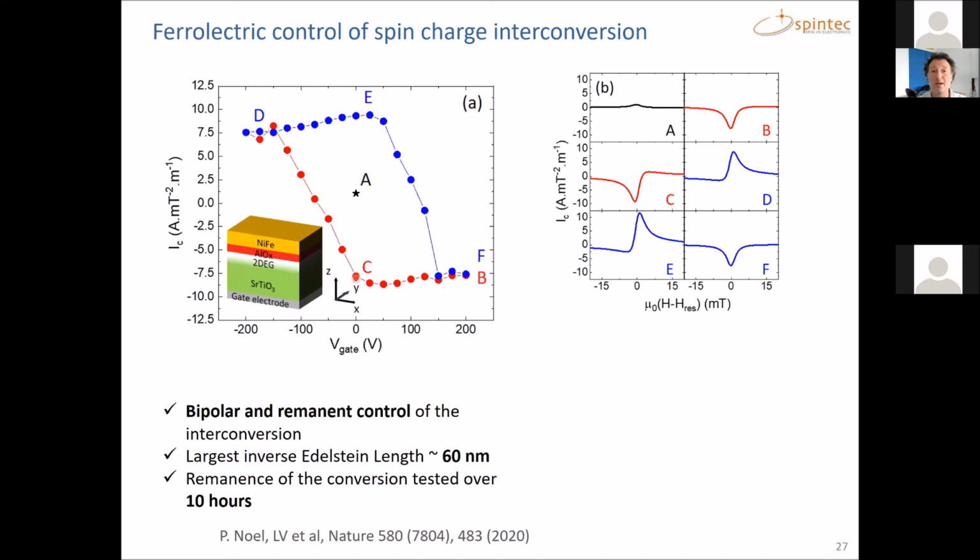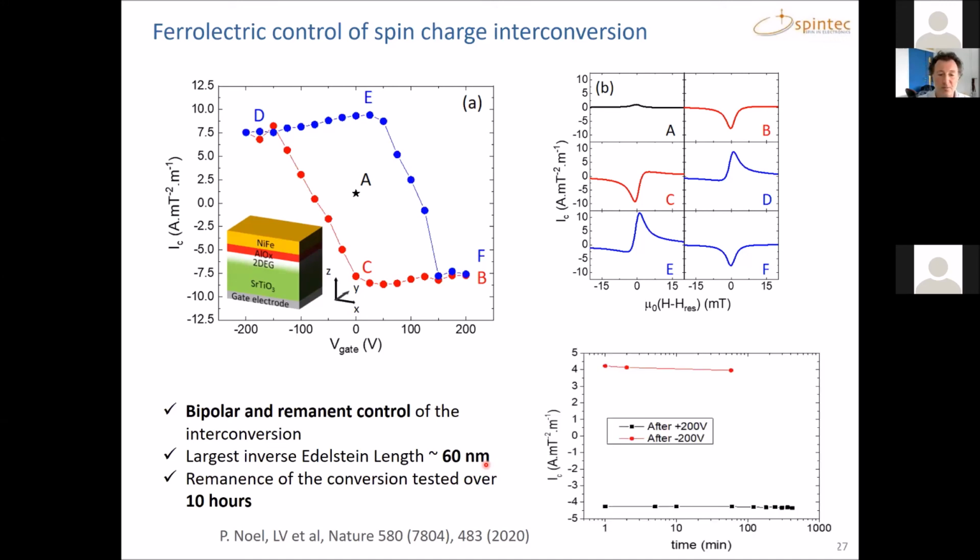And also, if you apply a pulse in one direction, you will keep the same current production. In that case, the Edelstein length that we estimate was of the order of 60 nanometers, so much larger than the other presented systems, probably because the ferroelectric field adds up to the spin orbit coupling of the STO. We also checked that the remanent states were stable over several hours.